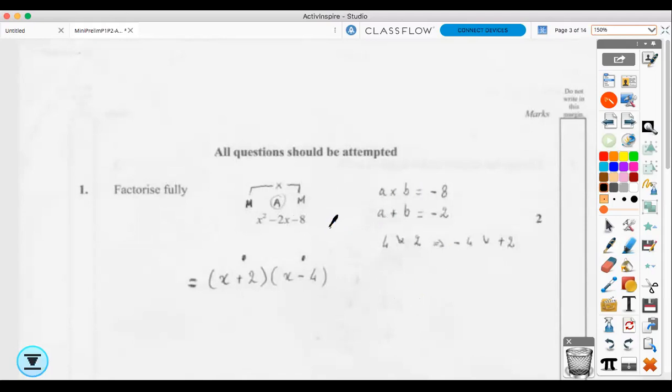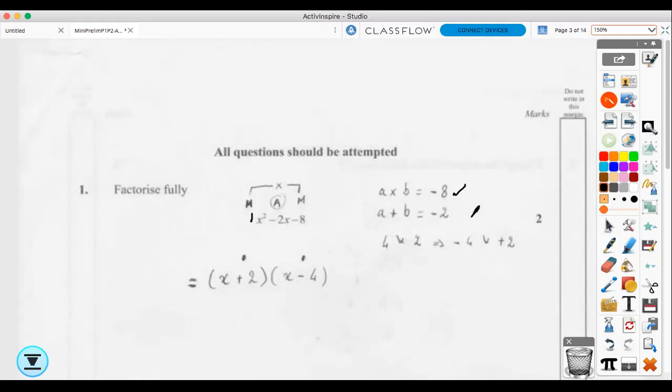So basically, whenever you see factorizing, remember we've tried to use MAM, meaning here I've got a silent 1 again. So it's a bit like you've got 1x squared minus 2x minus 8. So I'm looking for two numbers. If I times the two numbers, I get negative 8, 1 times negative 8.